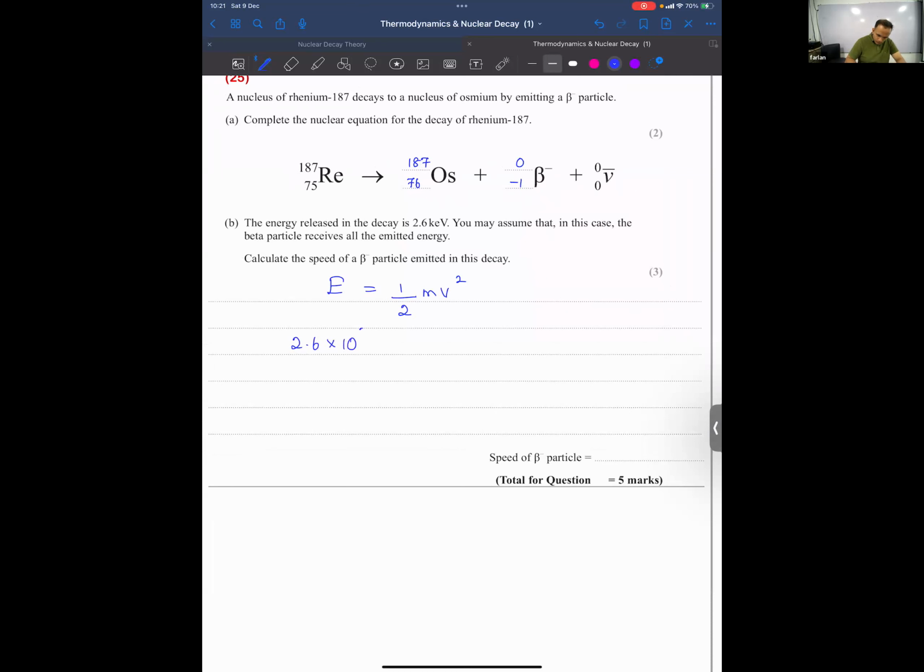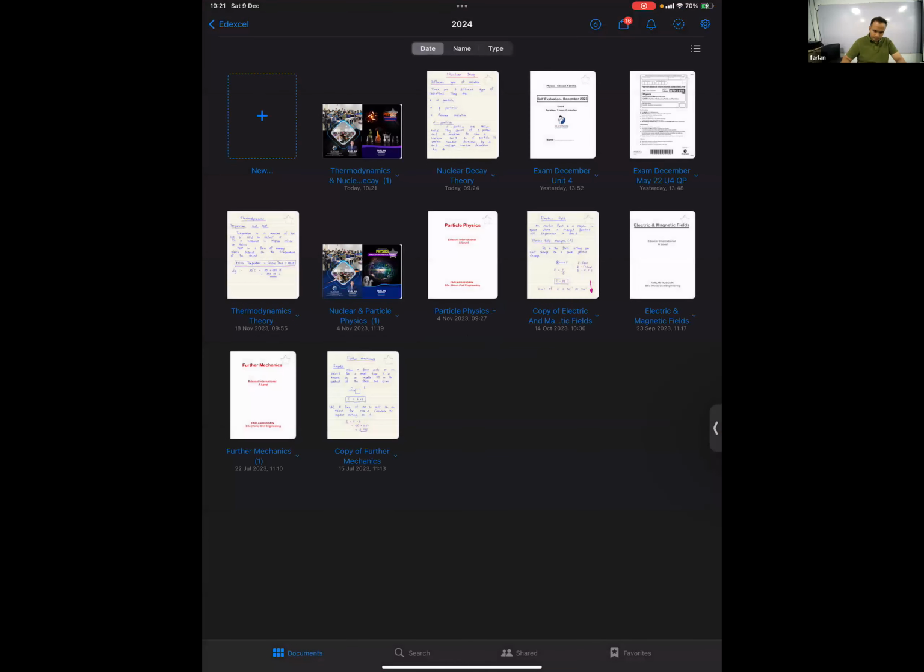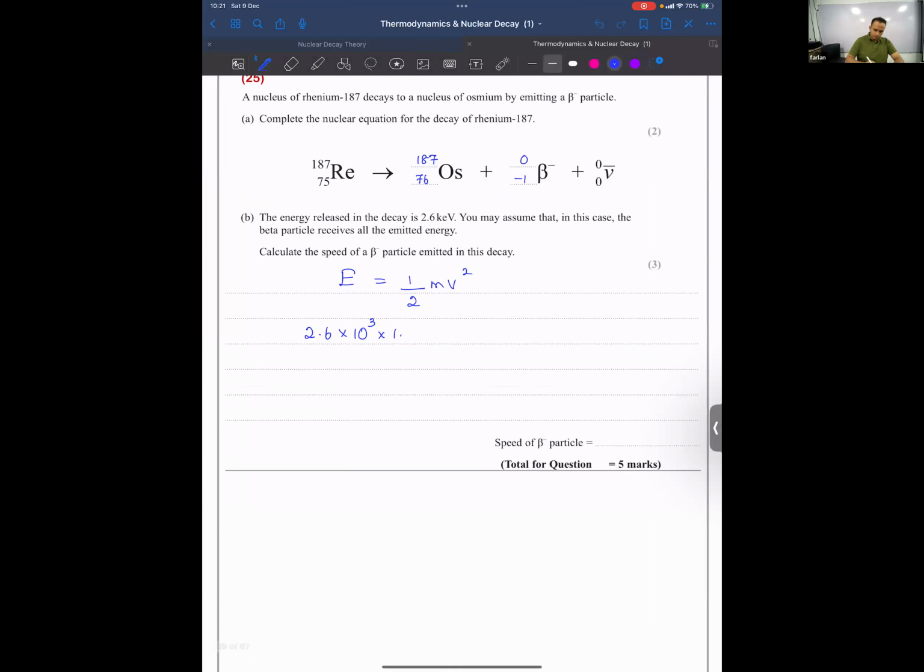That is 2.6 into 10 to the power 3 to convert kilo electron volts to electron volts, into 1.6 into 10 to the power minus 19 to convert electron volts to joules, equals half into the mass of the electron, 9.11 into 10 to the power minus 31, into v squared. So from here you can get the v.